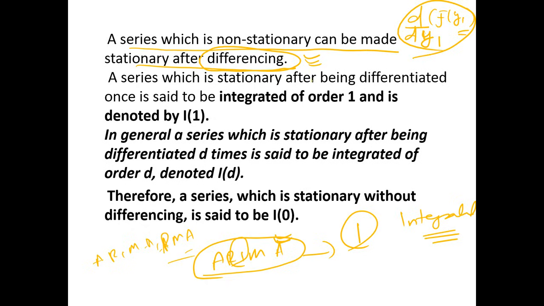That means differencing. If we are differencing once, we call it an integrated 1 series. If you are differencing twice, then it's an integrated 2 series, and so on. So I0, I1, I2. If you are not doing any differencing, it's already stationary, then it's an I0 process. If it is differenced once, then it's I1, else it's I2, and so on.